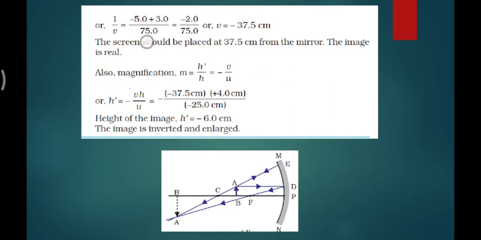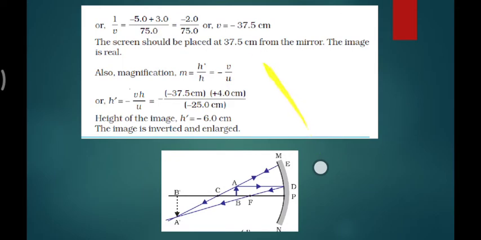Then take the inverse of the answer, because it is the answer for 1 upon v and we have to find v, so we take the reverse of it.